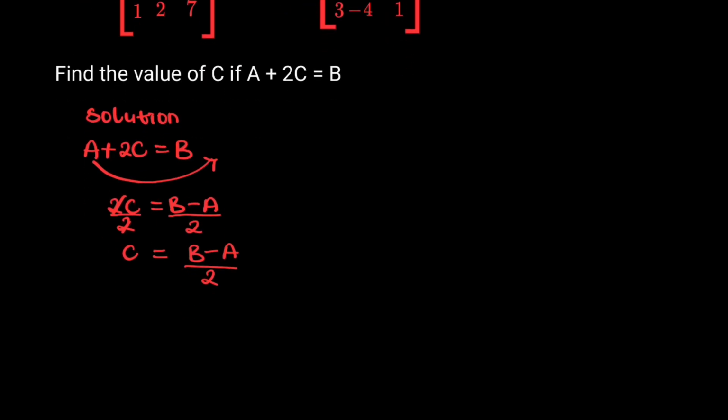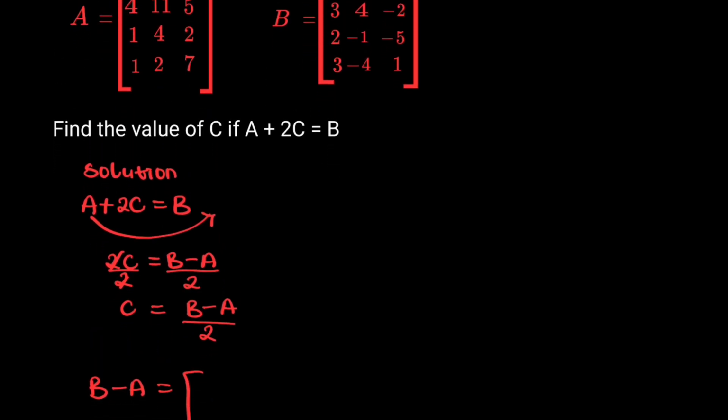So our C is going to be, let's start with B minus A. Let's have B minus A first before we divide by 2. So B minus A now, we subtract the two matrices.